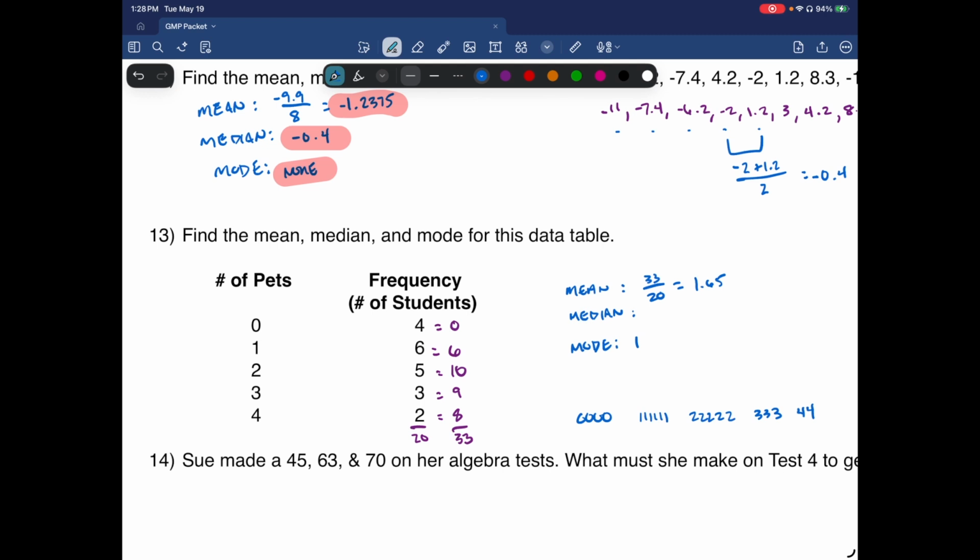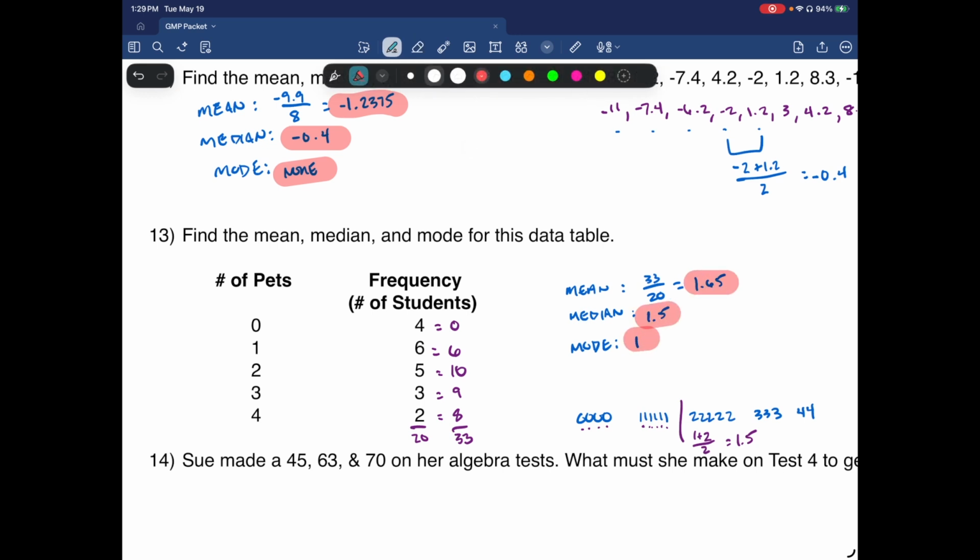All right, so we got 20 students. So let's see, 1, 2, 3, 4, 5, 6, 7, 8, 9, 10. All right, my median is going to be right there. And so the average of 1 and 2 is going to be 1.5. So 1 plus 2 over 2 is going to give me 1.5. So my median is 1.5. So I got my mean, median, and mode.